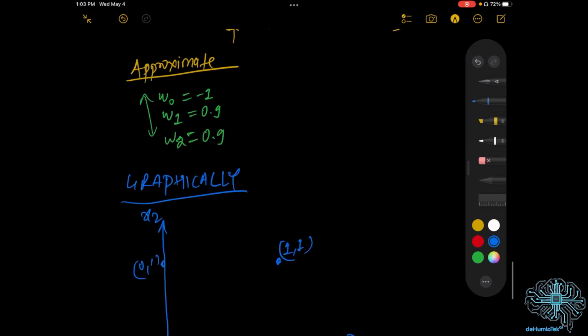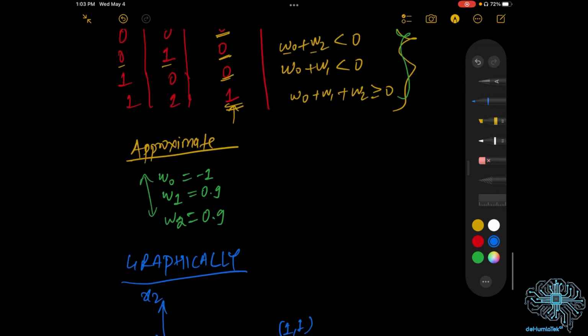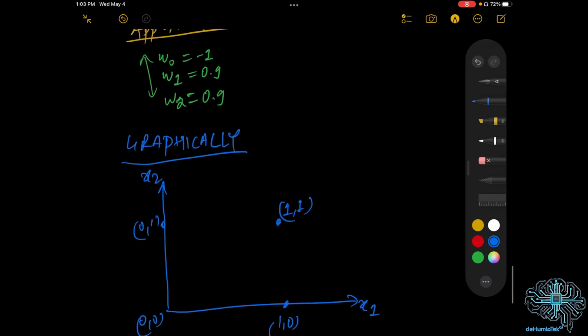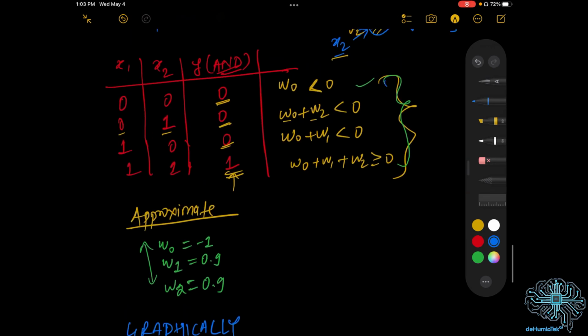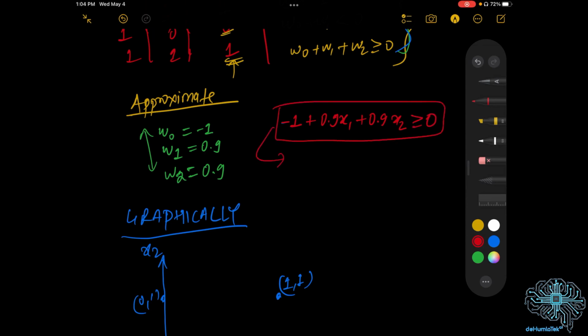For this expression, we'll keep x1 and x2 as variables and come up with an expression so that we can see what it means in a graphical way. So we get -1, because W0 is -1, plus 0.9 x1 plus 0.9 x2, and this should be greater than 0, indicating the condition for the firing of the neuron.